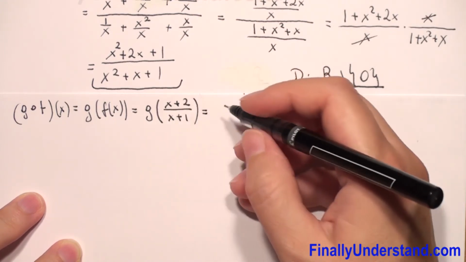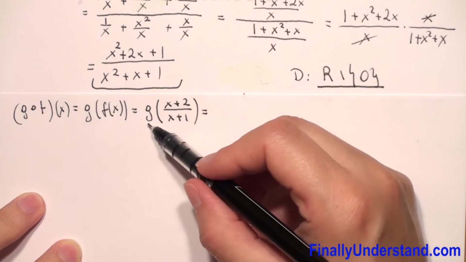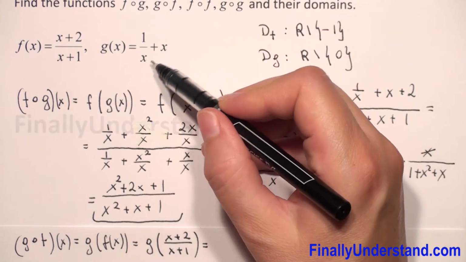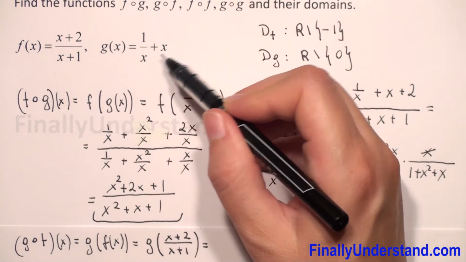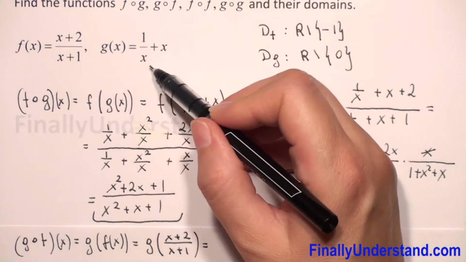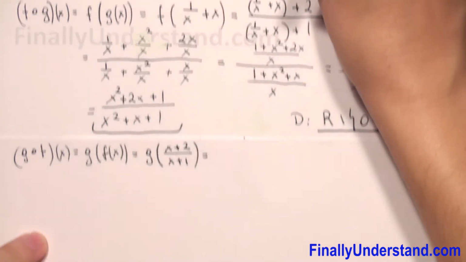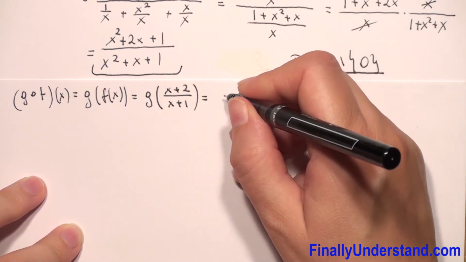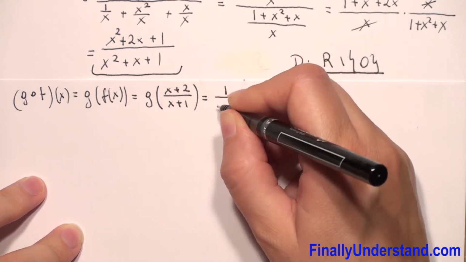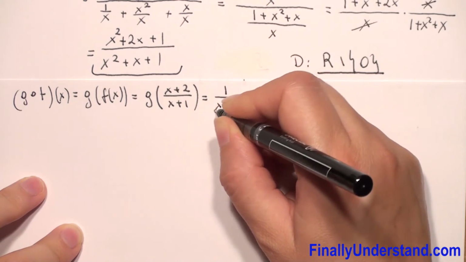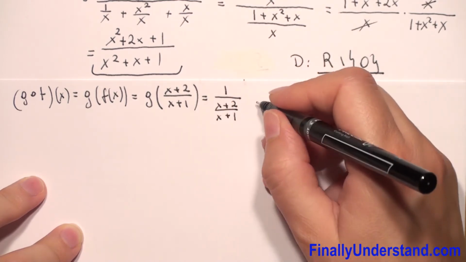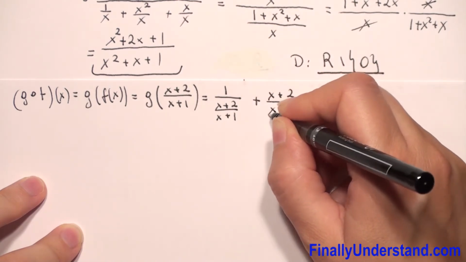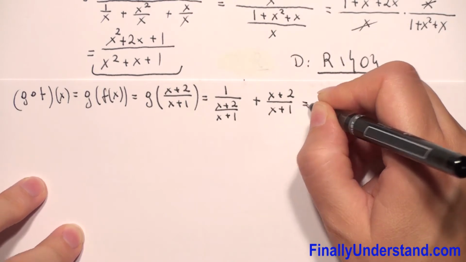This is equal. And now we are going to the formula of g function. In g function we have 1 over x plus x. It means these x's we have to replace by x plus 2 over x plus 1. So it will be 1 over x plus 2 over x plus 1 plus x plus 2 over x plus 1. This is equal.